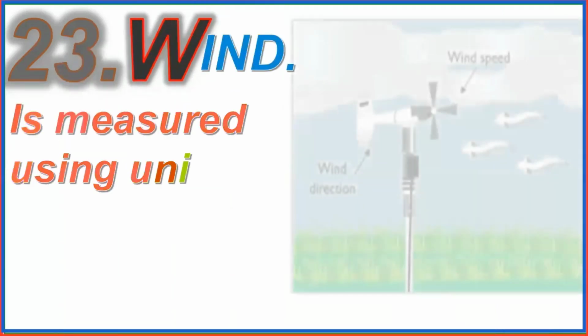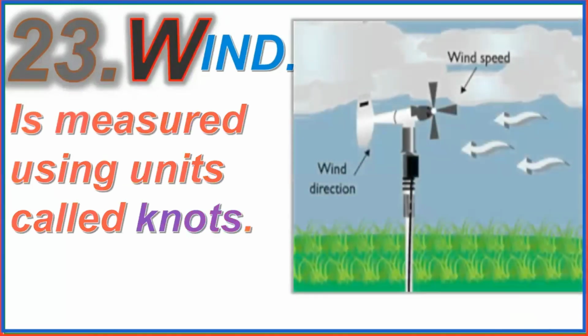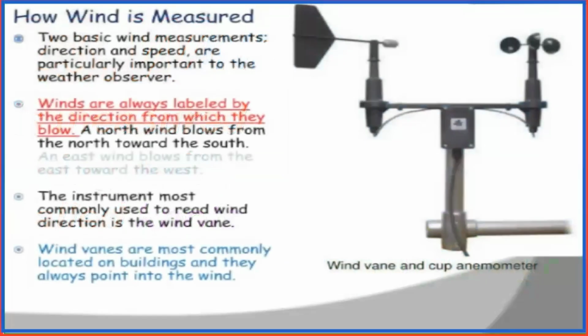W for wind. Wind is measured using units called knots. Two basic wind measurements are direction and speed. They are particularly important to the weather observer. Winds are always labeled by the direction from which they blow. A north wind blows from north towards south.